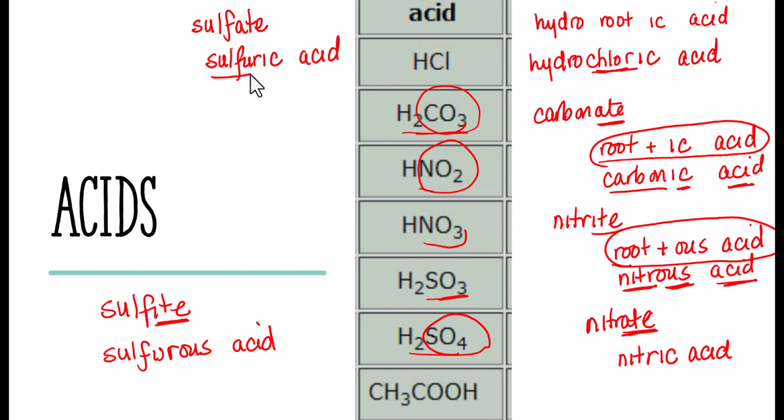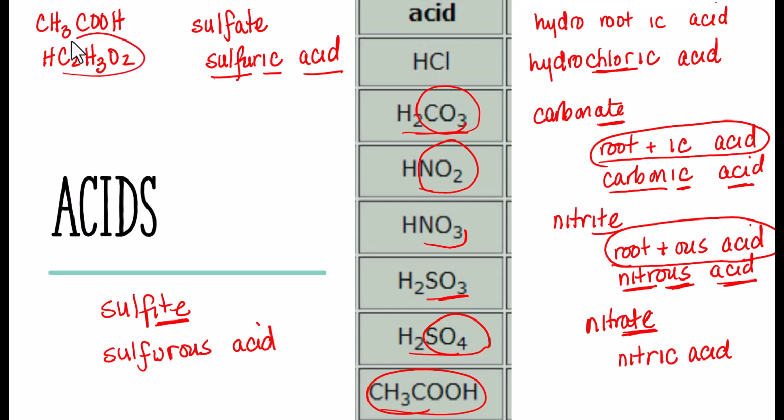This one can be written CH3COOH, or it could be written HC2H3O2. Since oxygen is present, I look up the polyatomic. Whether I look up this one or this one, we know it's acetate.